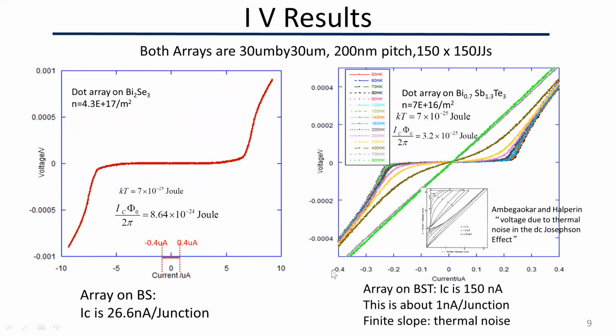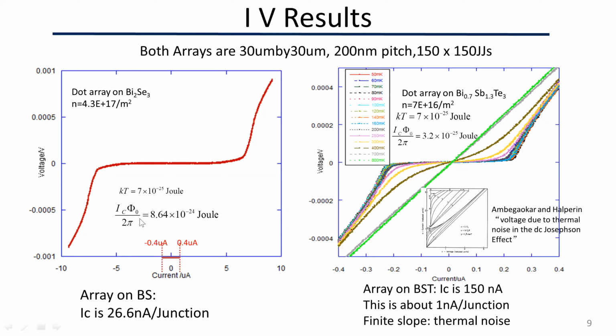Here, from negative 0.4 microamp to positive 0.4 microamp, it's only this small range if pictured in the IV plot of the array on bismuth selenide. Also, the carrier density of bismuth selenide is much larger, so there are more carriers, more superconducting electrons in the bismuth selenide case.